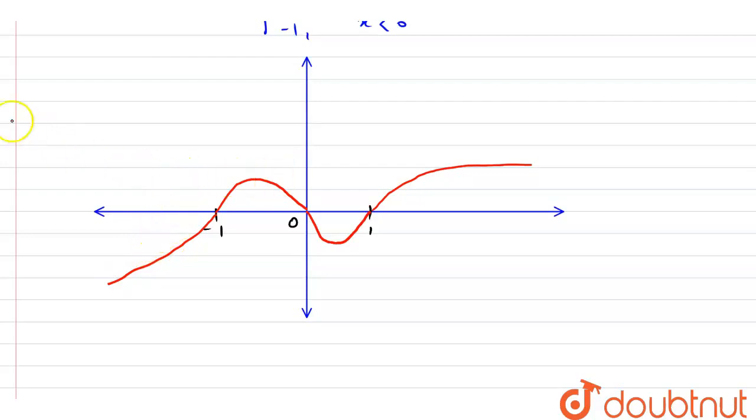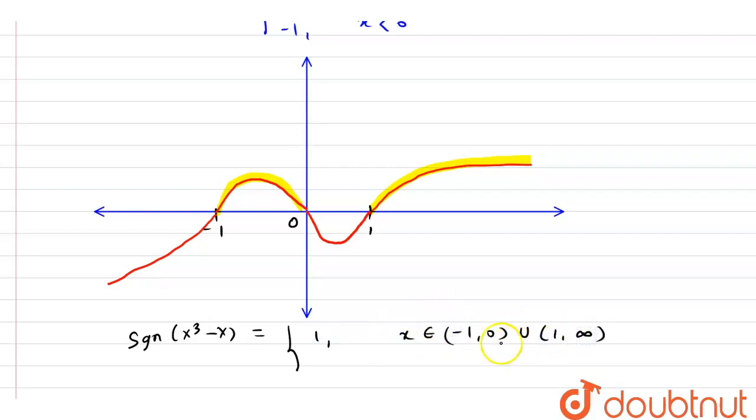Now we all know that this function is positive in this domain and in this domain. This is positive, right? So we need to define the function also. So I can say signum x cube minus x equals to 1 if x belongs to minus 1 to 0 union 1 to infinity, right?